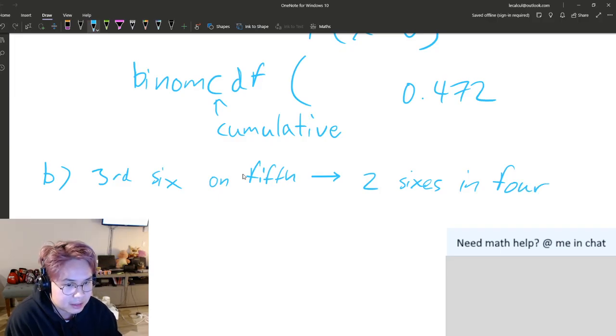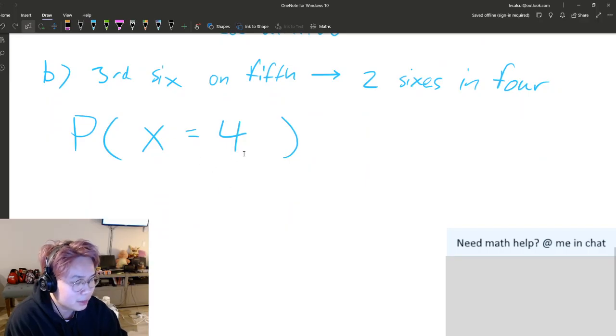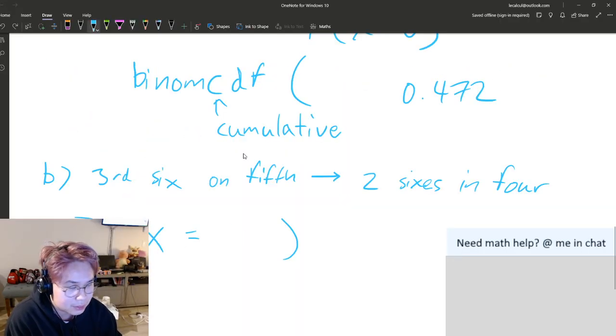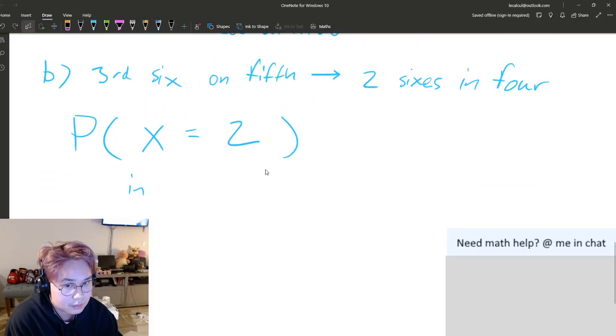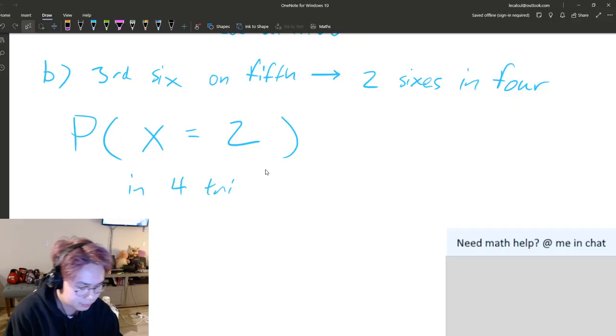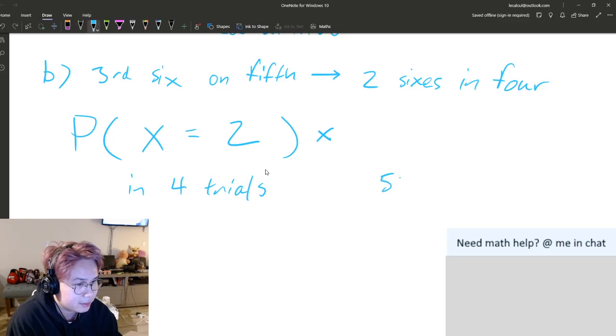So basically, we need to find out the probability that you roll 2 sixes in 4 trials. And then this needs to be multiplied by the 5th dice roll, which needs to be a 6, because they tell you it needs to be a 6.